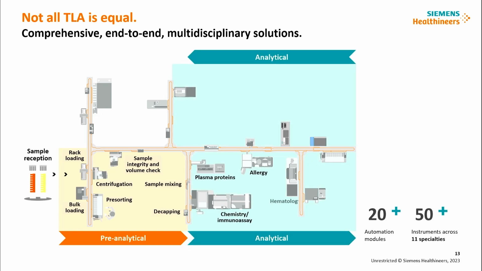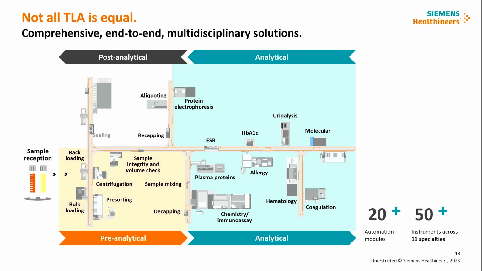Once the sample is ready, it will be routed based on test order to the analyzer. And here we can offer up to 50 instruments across 11 specialties that can be connected to our track. Once the tube is done, it will move to the post-analytical phase, where it will be aliquoted, sealed, or even stored till the disposal of the tube.